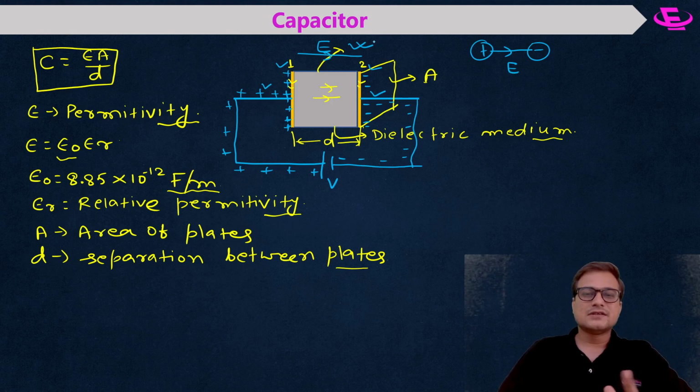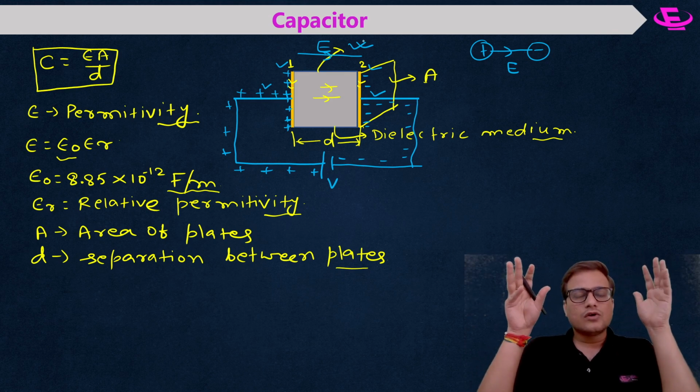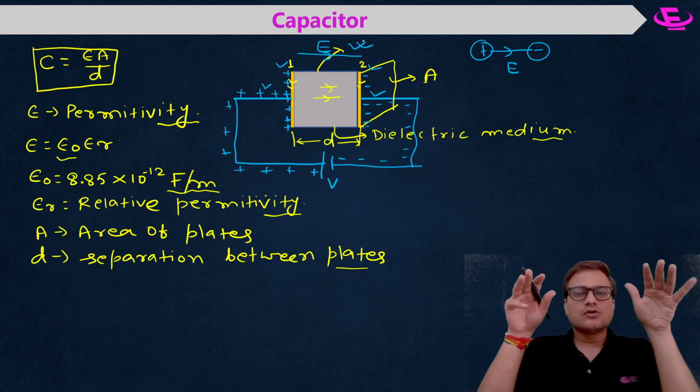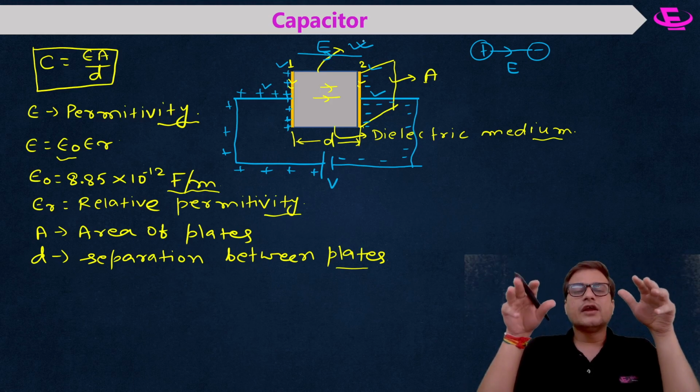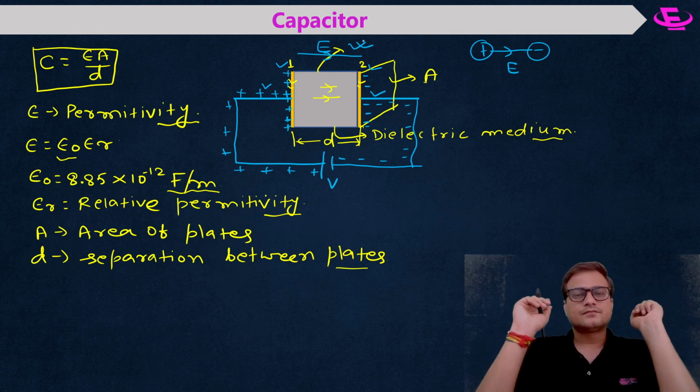Now, there is an electric field, but how can you say that there is current? You can't say there is current. According to the earlier laws, that means Ampere's circuital law, there was no current inside the plates of a capacitor.